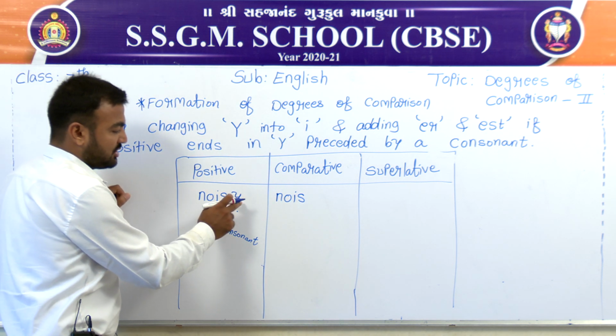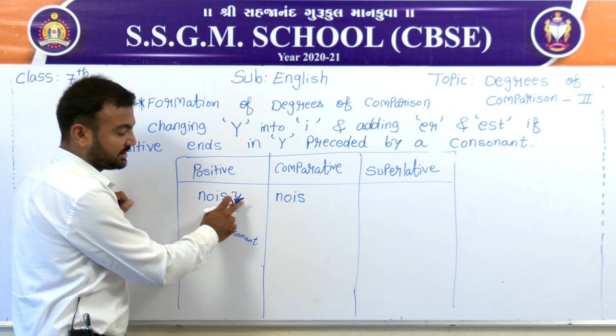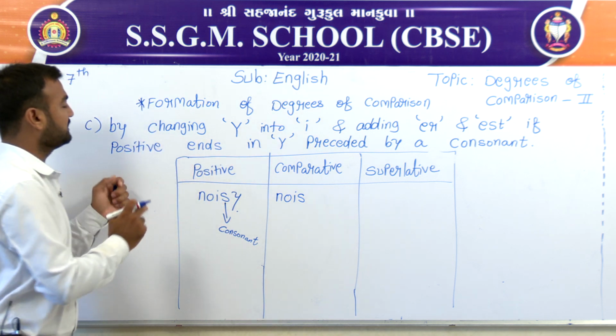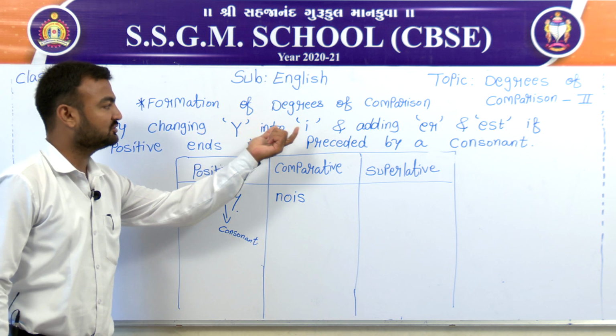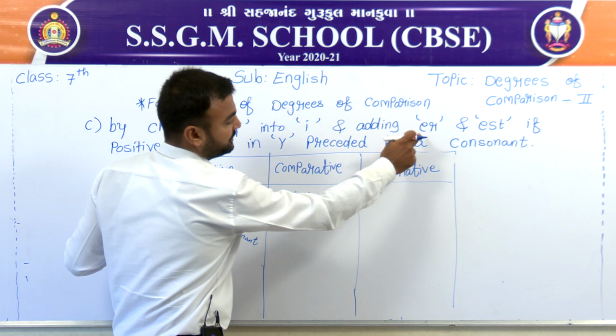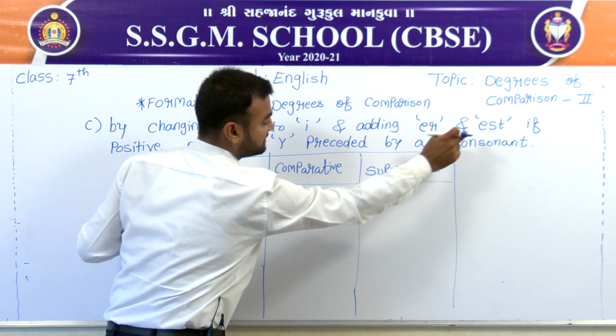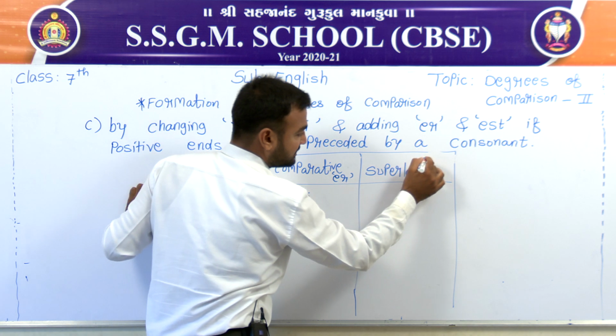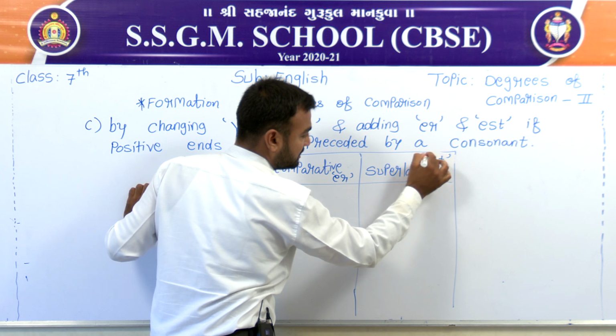Now we remove y and add I, as written over here: by changing y into I. So I am writing I over here, and respectively we add ER over here and EST over here.